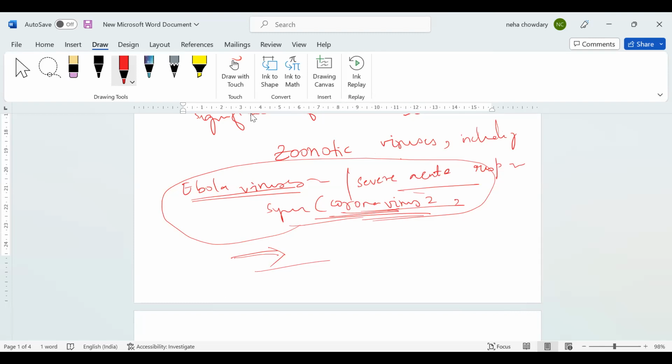So they used expert opinion and scientific evidence to identify host, viral, and environmental risk factors contributing to zoonotic virus spillover and spreading to humans.